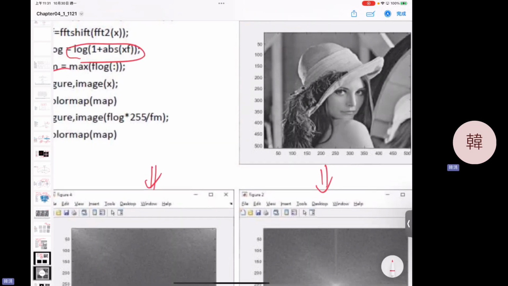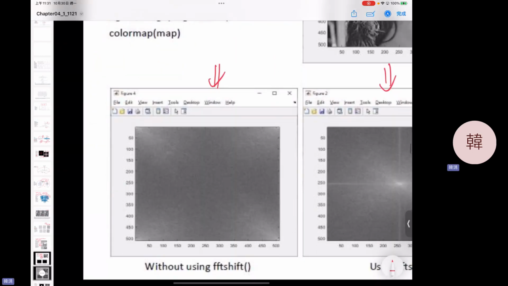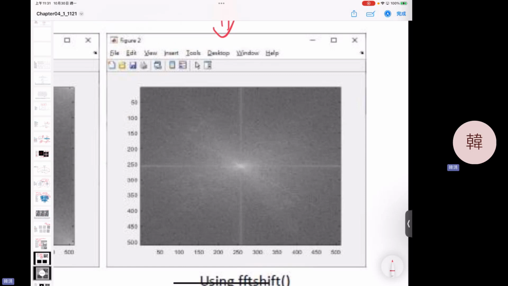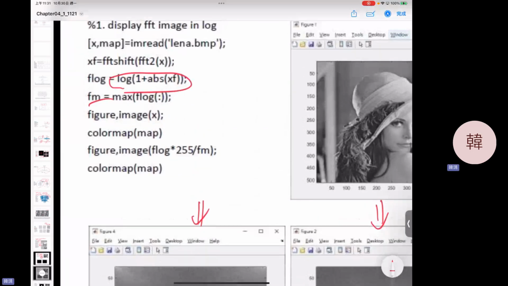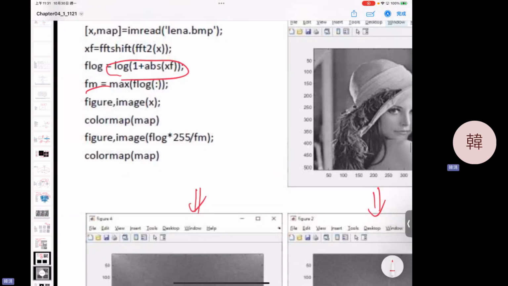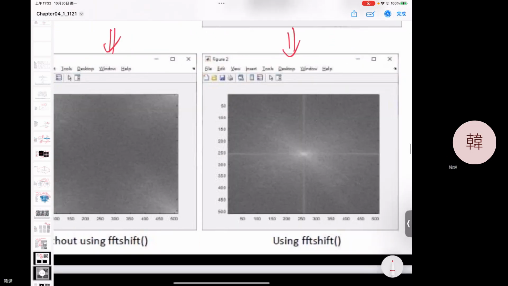So the linear image after Fourier transform, after shifting to the center, that's the corresponding result. Just follow our suggestion in MATLAB, and you can look at your image in the frequency domain.